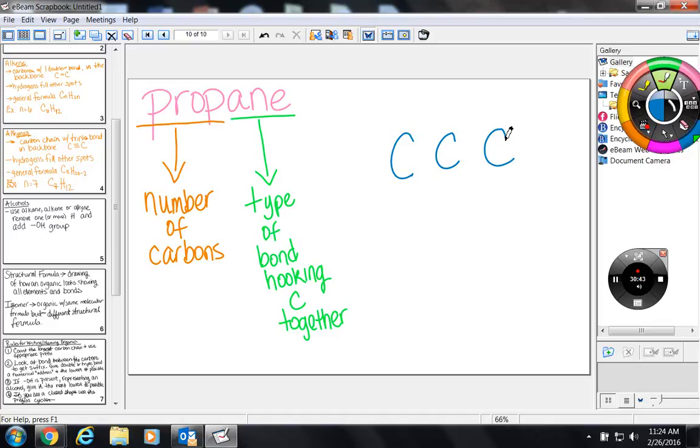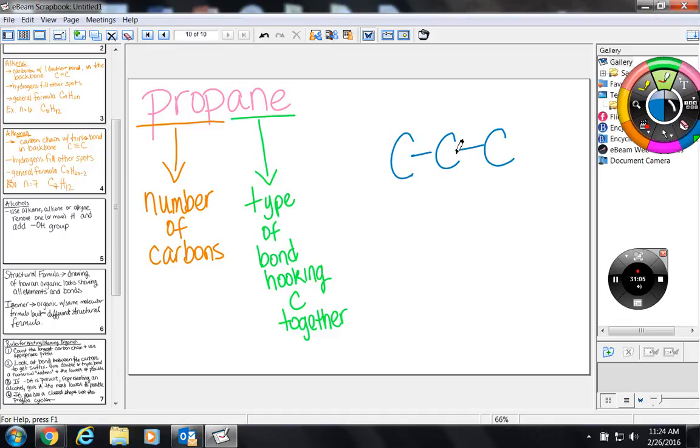It's single bond, meaning I just draw a line between each one. Since it doesn't tell me anything else, all I put, what did I tell you in the very generic alkane notes? Everything else is hydrogen.